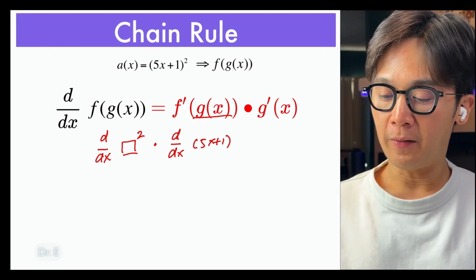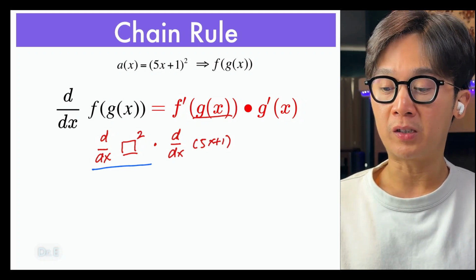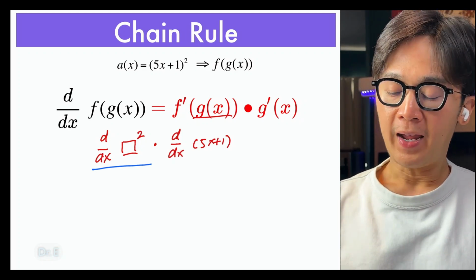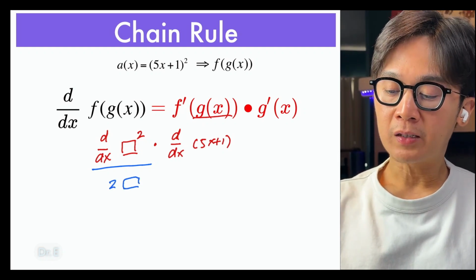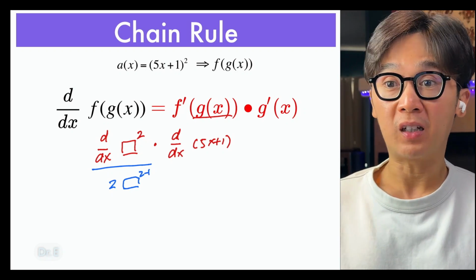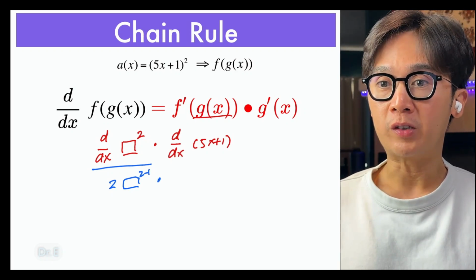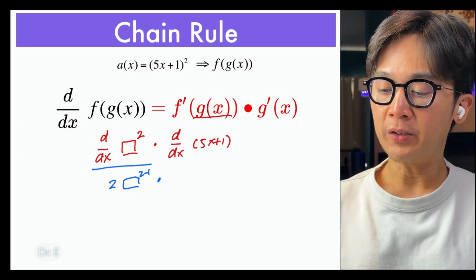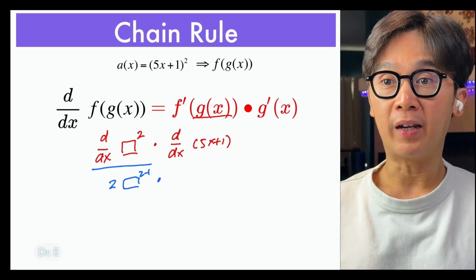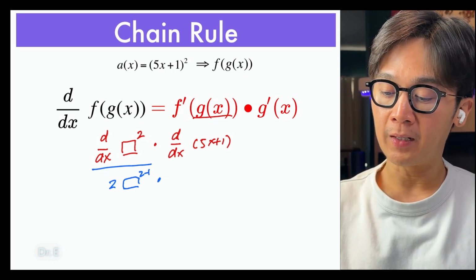For the first factor, we have the derivative of the main function, box squared or parentheses squared. This is going to be 2 times box to the 2 minus 1, which is basically the power rule, times the derivative of 5x plus 1. We're just going to be using the power rule for this one. The derivative of 5x plus 1: the constant turns into 0, and the derivative of 5x is simply 5.